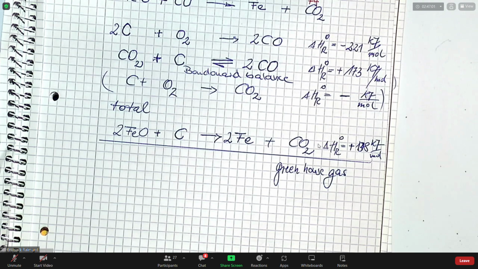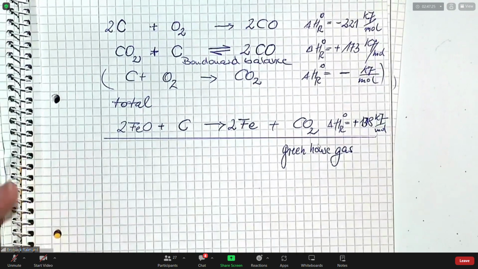And of course, that is not CO2 producing. The hydrogen must be green, so it has to be produced via electrolysis, not from fossils, because then we have CO2 emissions from the fossil way of hydrogen production. So in future, green hydrogen instead of carbon.